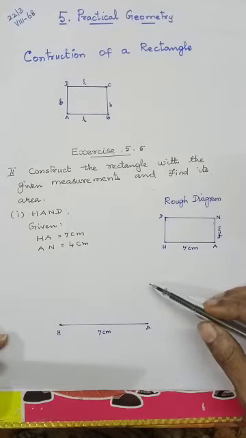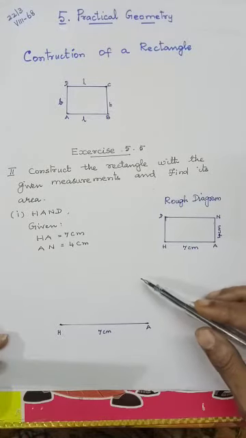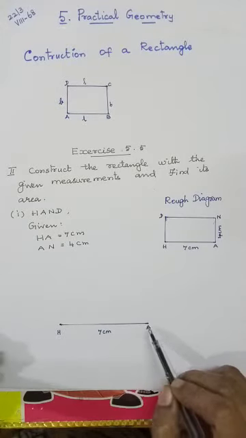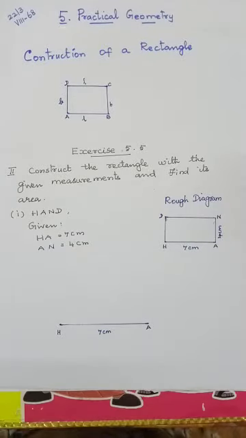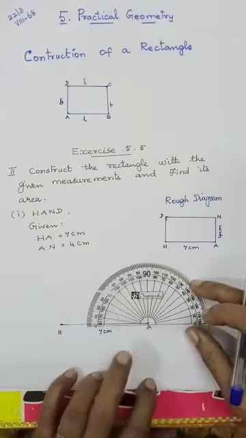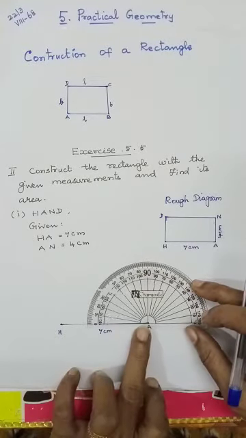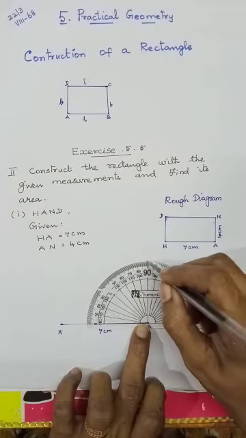So for AN we have to draw a perpendicular line. After that only we can measure 4 cm. For that perpendicular line we have to take the protractor and keep it on A. Keep on A and take 90 degree. 90 degree is the perpendicular line.